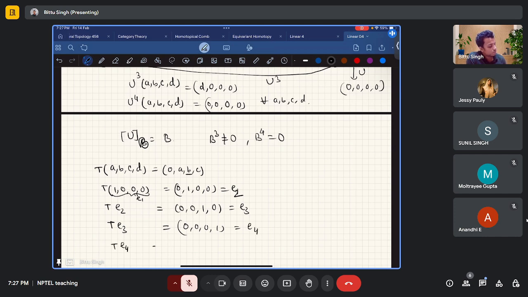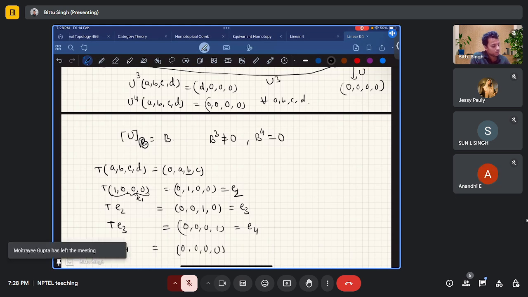And T applied on E4, where E4 is (0, 0, 0, 1): using this definition, it gives us (0, 0, 0, 0), because we are simply doing a right shift. One right shift will make it 0.